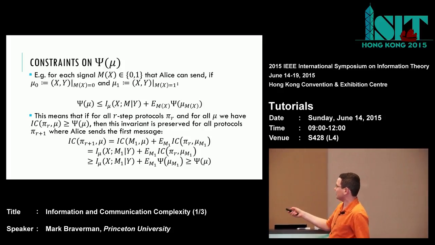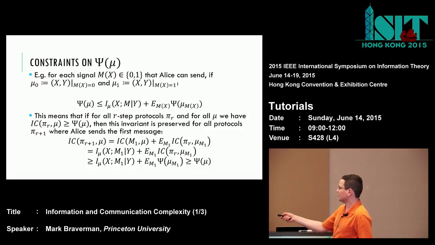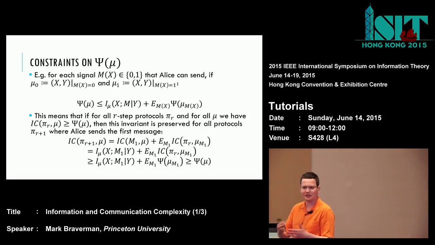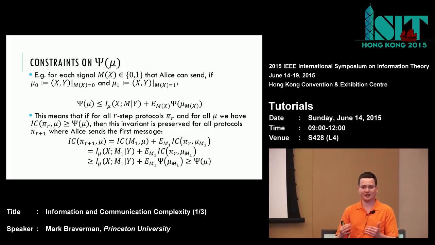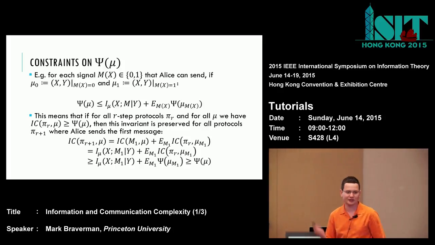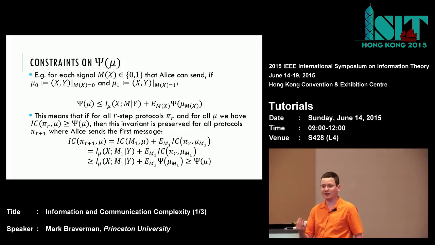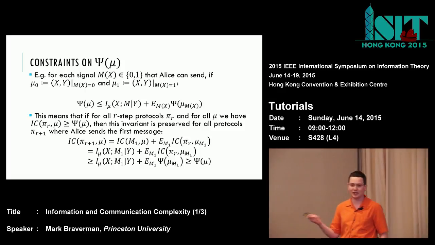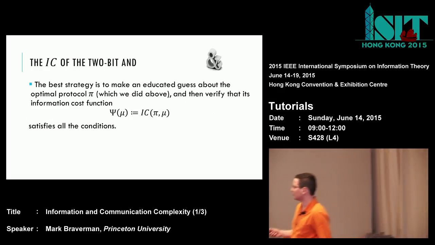If you manage to prove that for all R-step protocols, the information cost of this protocol is at least psi, then because of this invariant, it also implies the same statement for R+1 step protocols. So it's just some type of condition that allows you to maintain it. Once I tell you that such a condition exists, it's easier for you to reconstruct it than for us to go over it on the slides. But basically, there are conditions like this. You verify all of them, or students verify them, and you prove that the protocol is optimal.